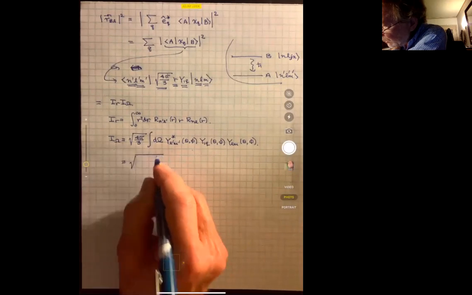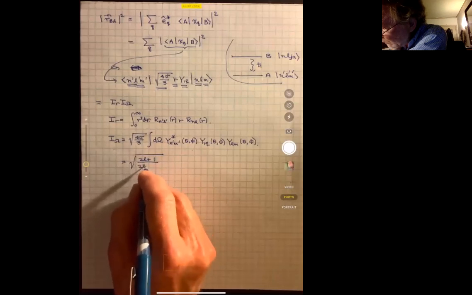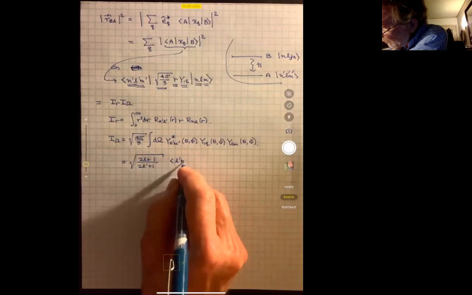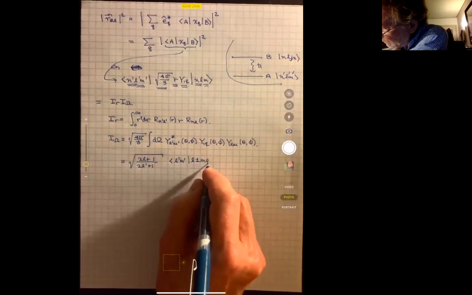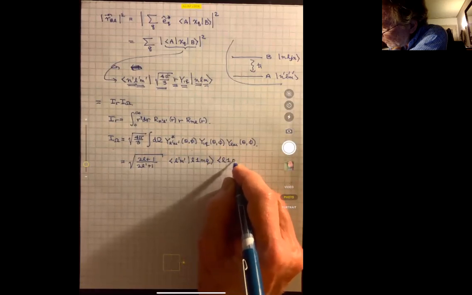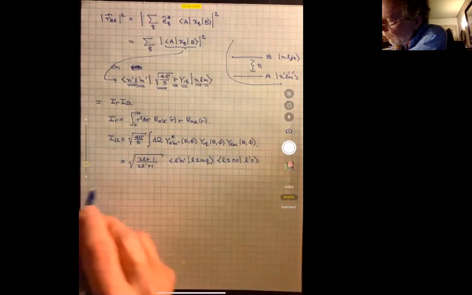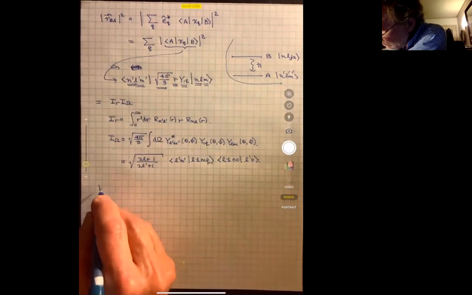You get the square root of 2L plus 1 divided by 2L prime plus 1. You get a Clebsch-Gordan coefficient, L prime, M prime, and then you get L, 1, M, Q. And then you get another Clebsch-Gordan coefficient, L, 1, 0, 0, times L prime, 0, like this. You get those. All right. And so now we can put this together and get R_BA squared.